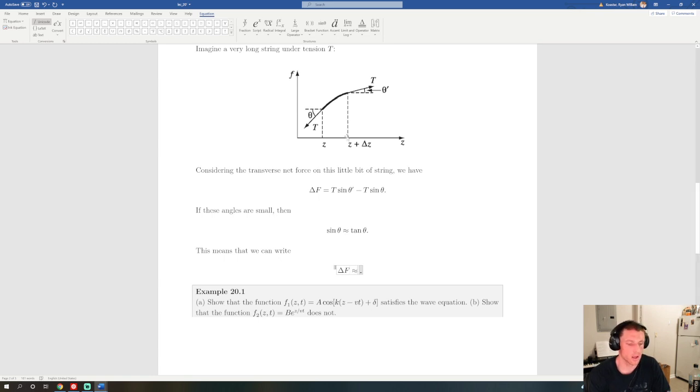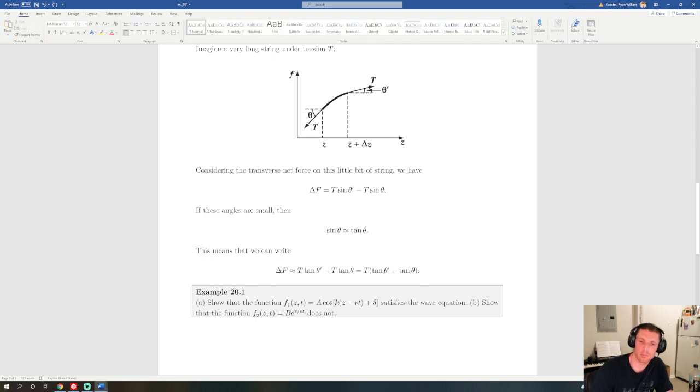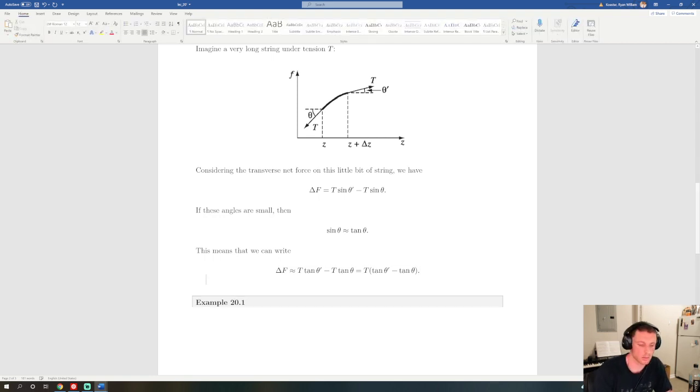So we would then have T tangent theta prime minus T tangent theta. We could just factor out the tension, and then we have tangent theta prime minus tangent of theta. Okay, cool.